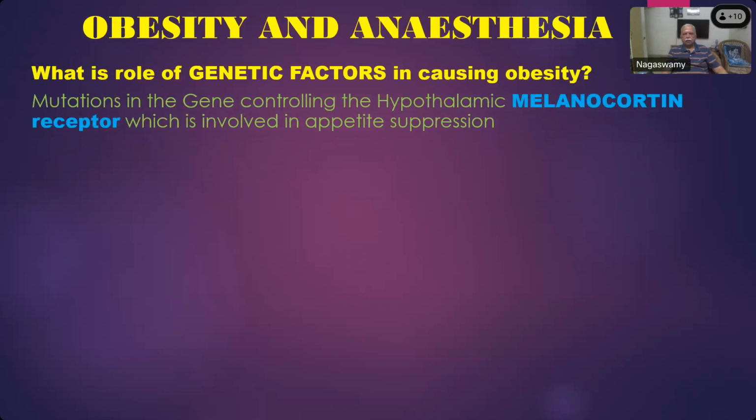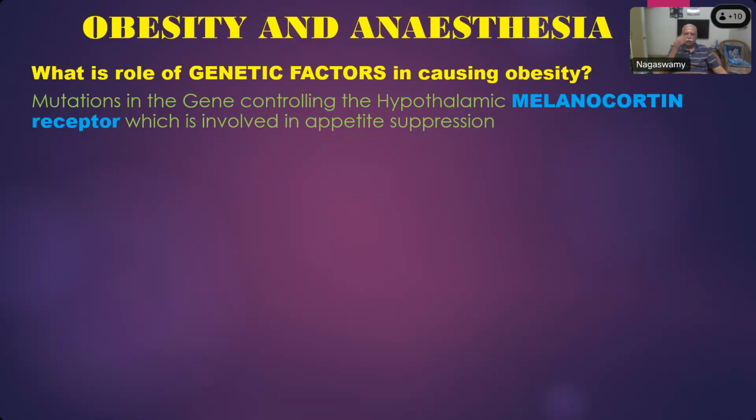There is a receptor called melanocortin receptor in the hypothalamus of every person, which is normally involved in appetite suppression. So this receptor is important for suppressing our appetite. That is, when you eat, once the food goes into the stomach, there is a feeling of fullness, satiety, and that keeps you appetite free for the next 3 or 4 hours till you digest all the food that you have taken to get the appetite again.